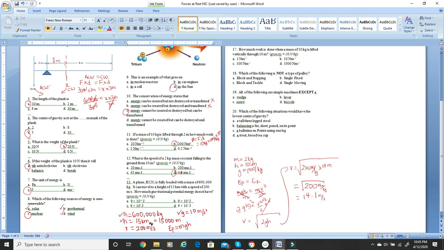So we just multiply 600,000 times 10 times 15,000, and that will give us 9 times 10 to the 10th power.